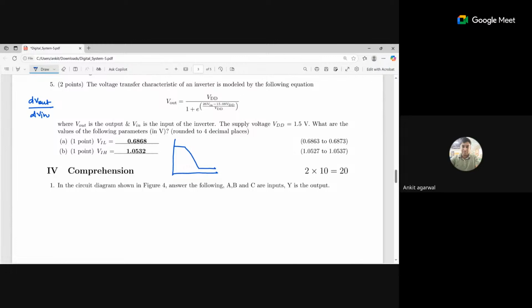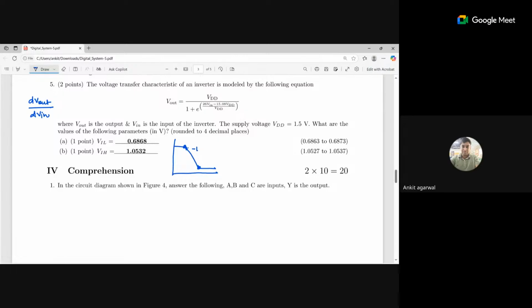So this is the point, and this is the point. Now if we are talking about this point, after this point the slope will be just minus one. Differentiation is only for the calculation of the slope of any particular curve or line.